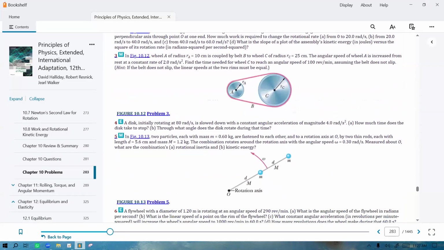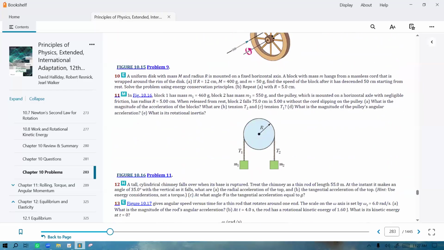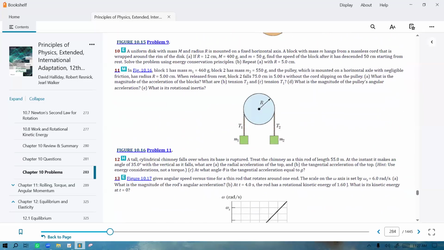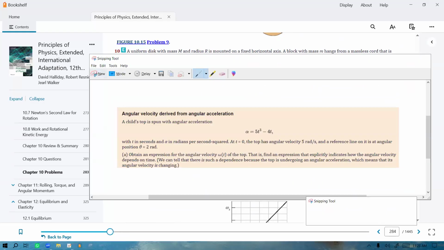Okay, let's see the example. In this case, it is similar to this case.